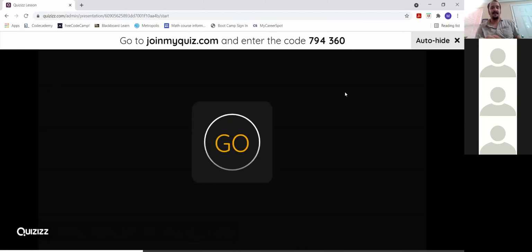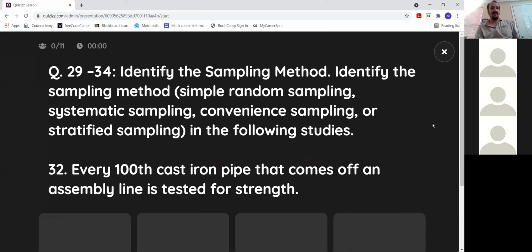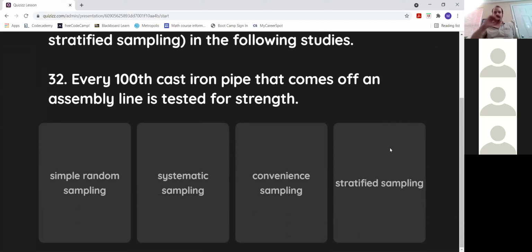Pick the sampling method. Take 2. Every 100th cast iron pipe that comes off an assembly line is tested for strength.